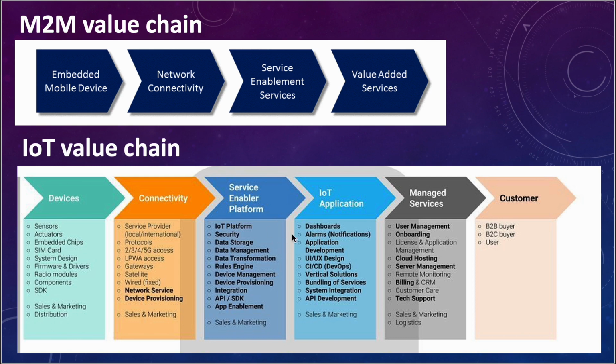Data storage, data management, transformation, rule engines, device management. This comes under part of services. Security would also be part of either a data center, either on premises or in the cloud itself, right? So all these would come as a cloud service.